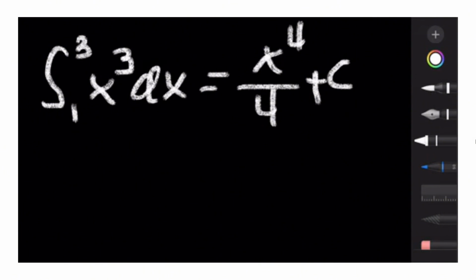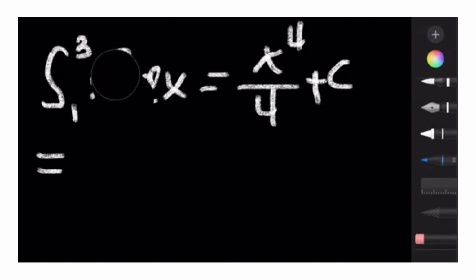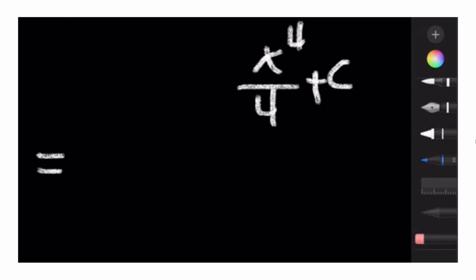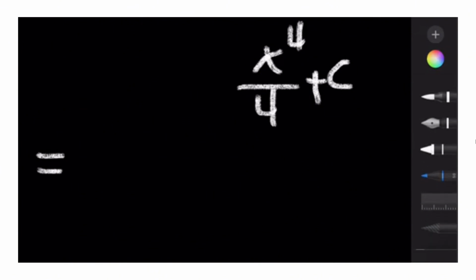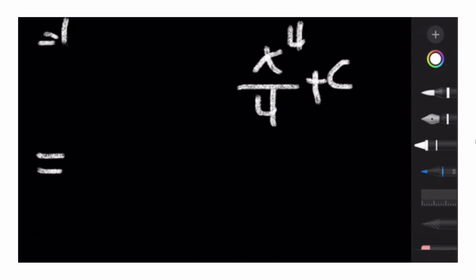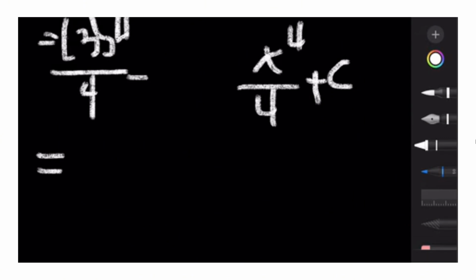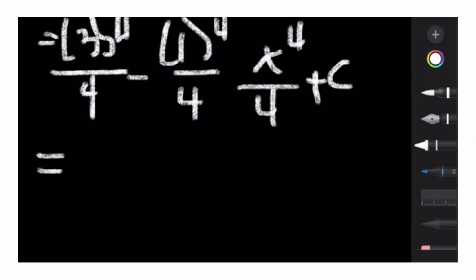So next we have to evaluate the definite integral. We can do this by simply substituting these values and subtracting them. So we have 3 to the 4 minus 1 to the power of 4 over 4.